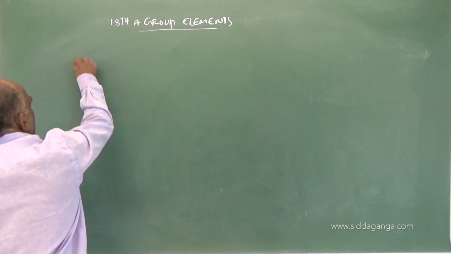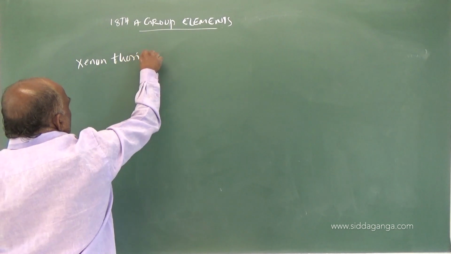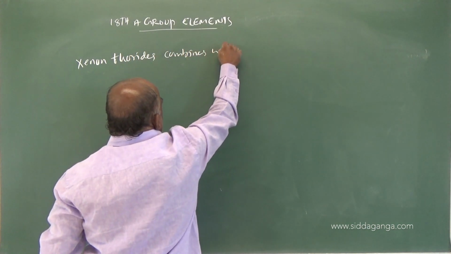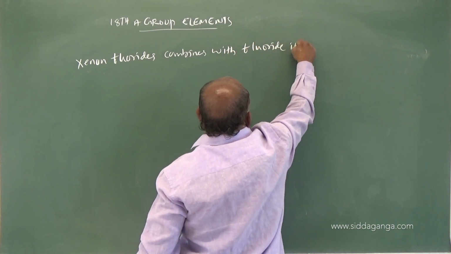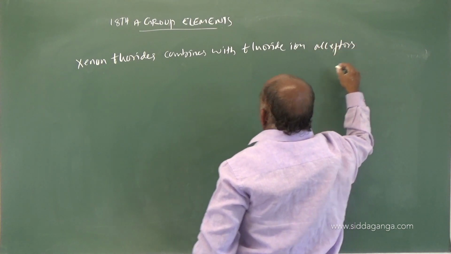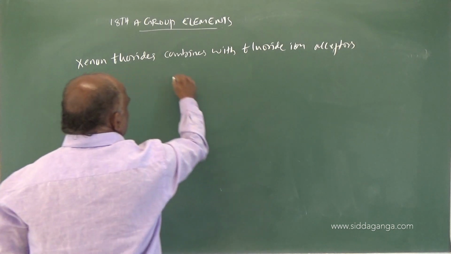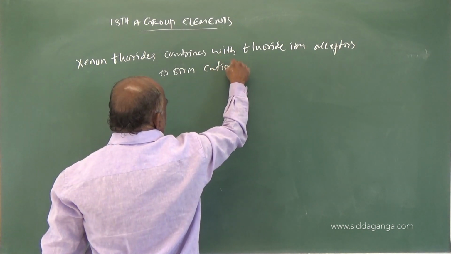So xenon fluorides combine with fluoride ion acceptors to form cationic species.